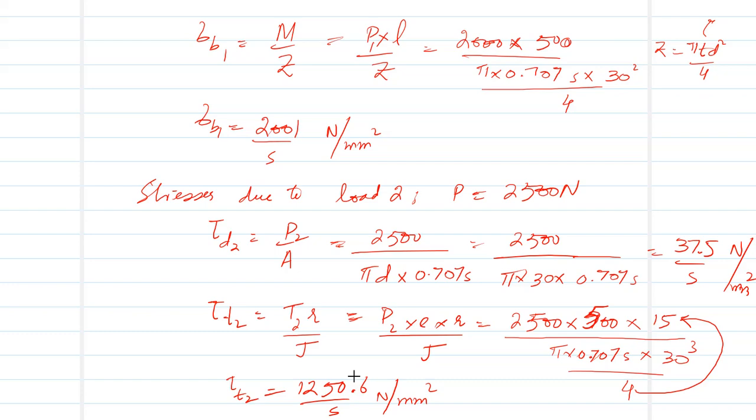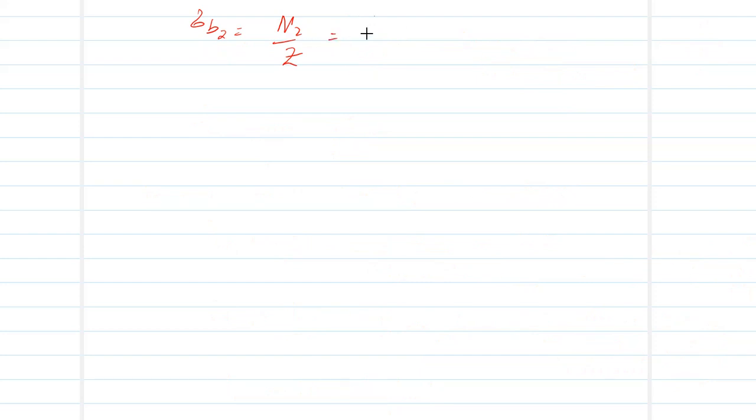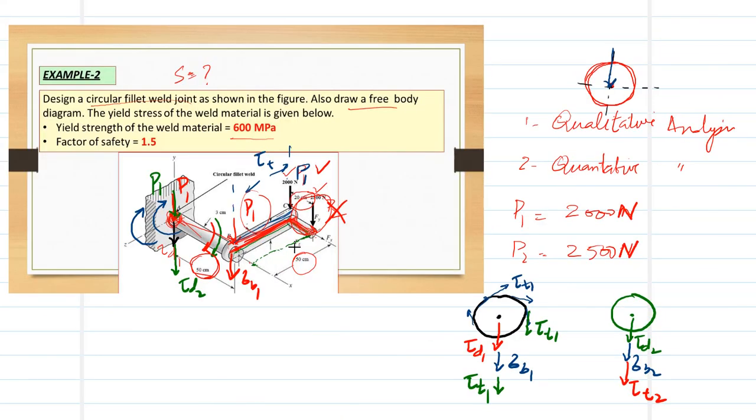For the bending stress, which is P2 into L2 divided by Z. Because the weld is the same, Z is the same. But in this case, we have the additional arm which is 20. In case of bending moment, we have this 50 plus 20 because it's the bending arm.